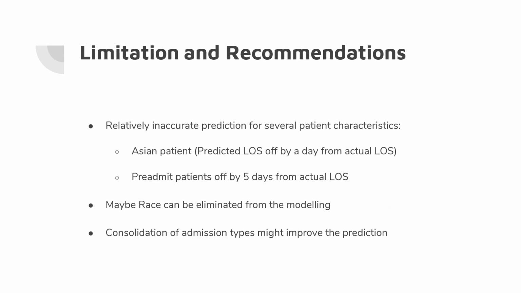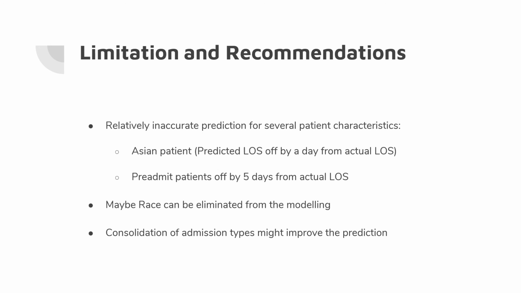Based on our report, we came up with some limitations for our prediction model. The first one could be that our Asian patients came up with the prediction LOS that was off by a day from their actual LOS, and the other one could be the pre-admit patient types that came up with the prediction LOS that were 5 days off from the actual LOS.